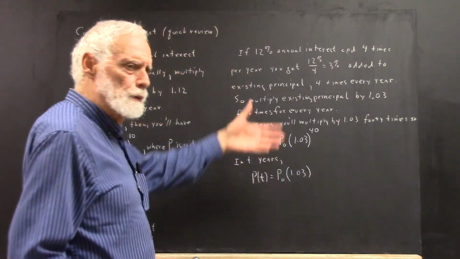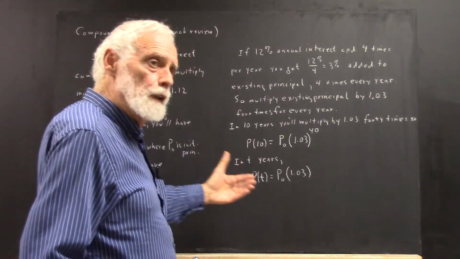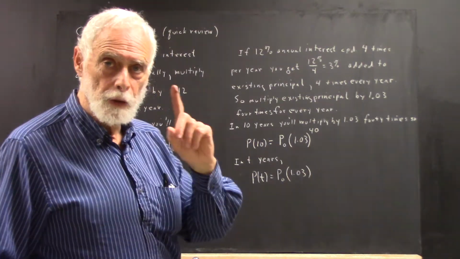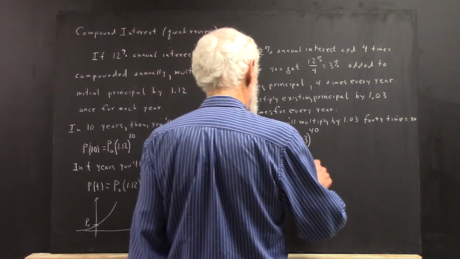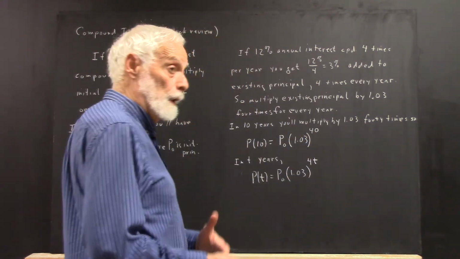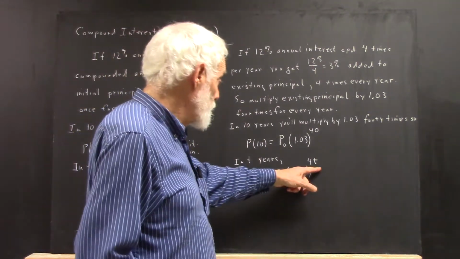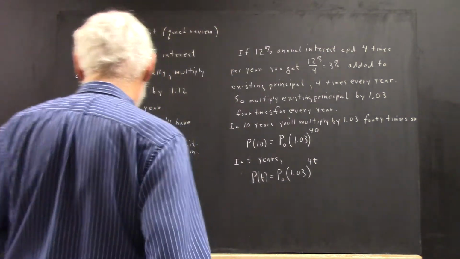But then what power are you going to raise that to in t years? See if you can go through the logic of what I've said here and figure this out before I write it down, which I'm going to do right now. So if you haven't paused, do it now. Okay, well, it's going to be 4t. 4 times every year, t years. You're going to do it 4t times. If t is 10, you're going to do it 40 times. Okay, so there we have it.